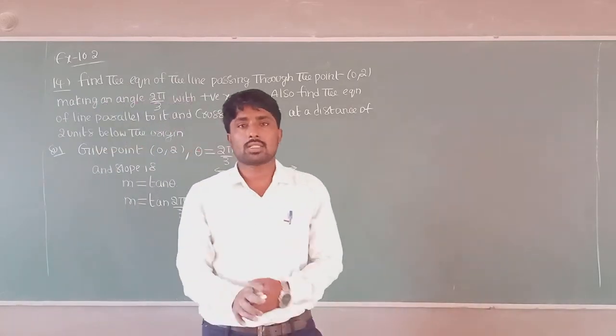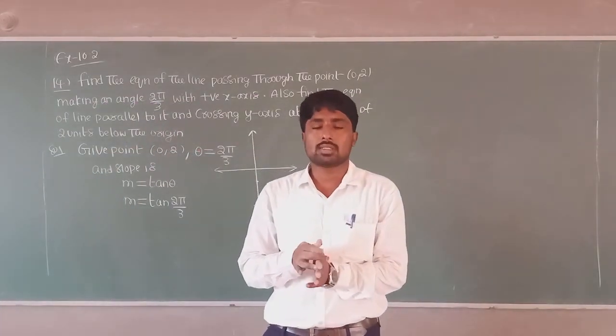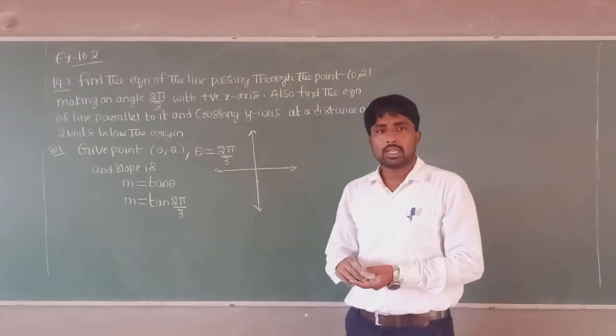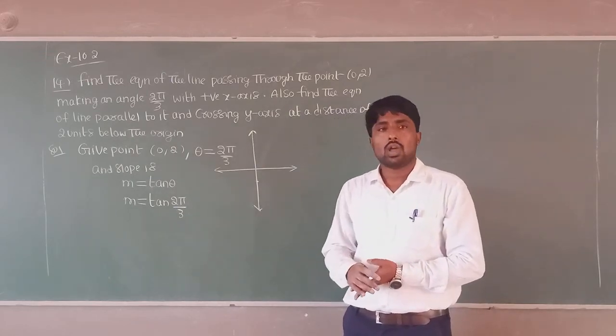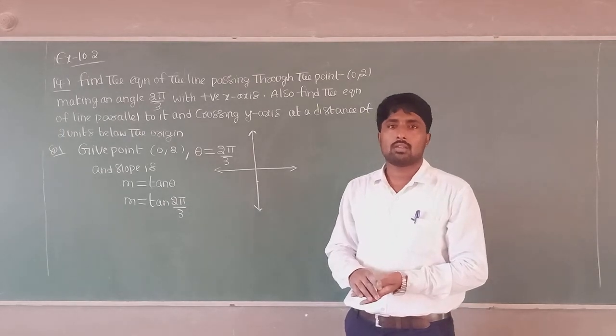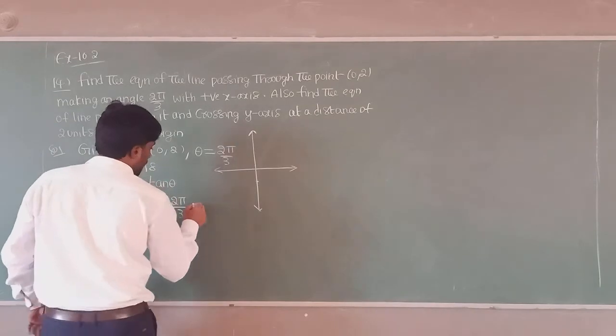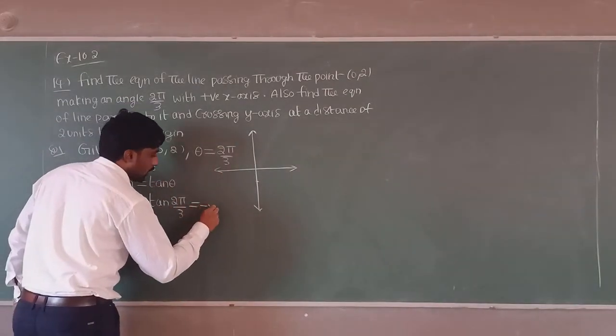I can write tan of 180 minus 60. 180 minus 60 is in the second quadrant, where tan is negative, so I get minus tan 60. The value of tan 60 is √3, so I get minus √3.